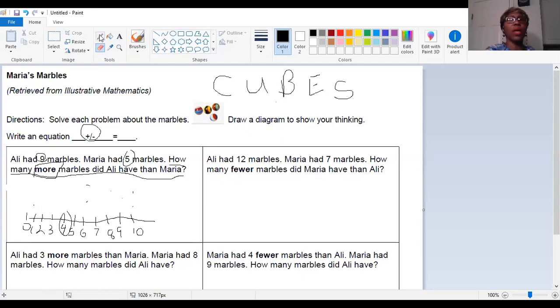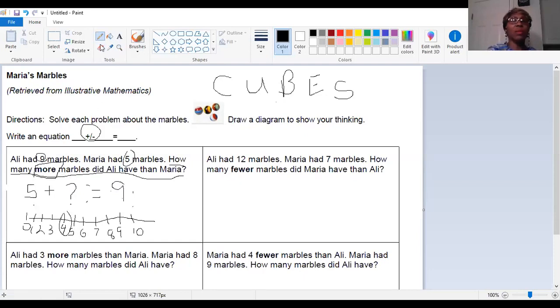Now, what could we have added? 5 plus a number. We don't know what the number is. Equals 9. So something plus 5 equals 9. How could we figure this out?